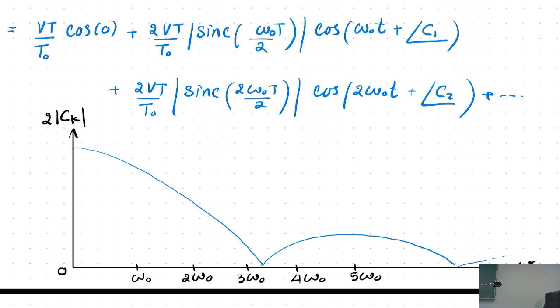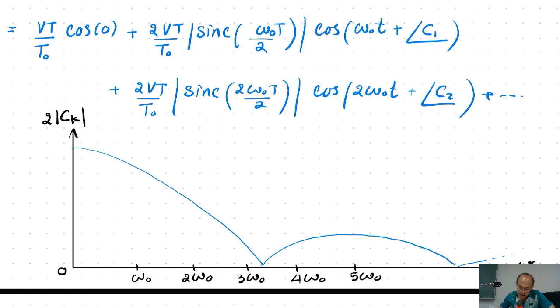That is that frequency, and at omega equal to 0, it would be Vt over T0, so this value goes here, and this is at 2 omega 0, so it goes here. You understand it, right?